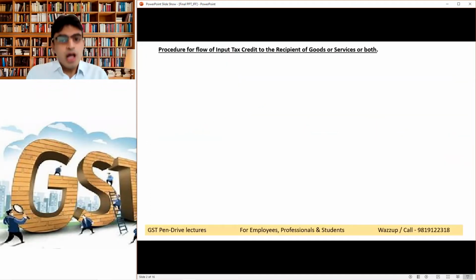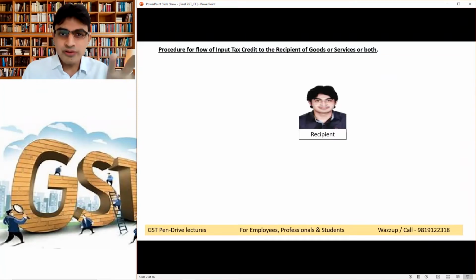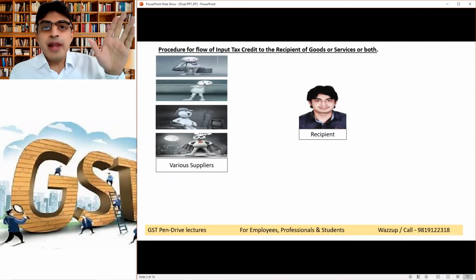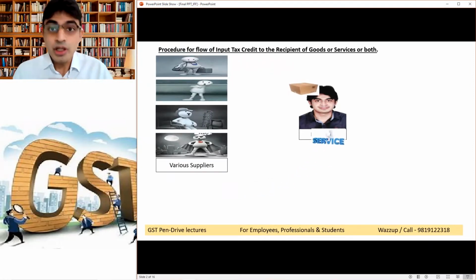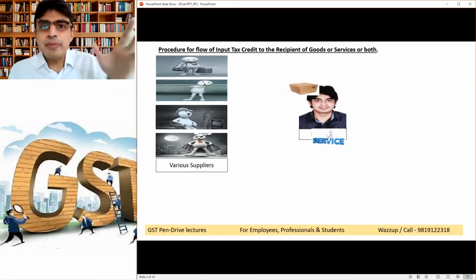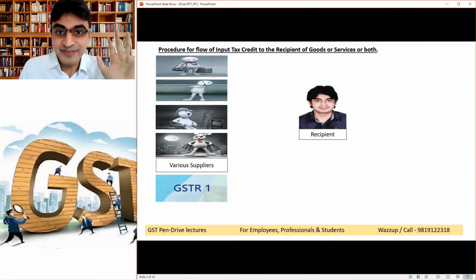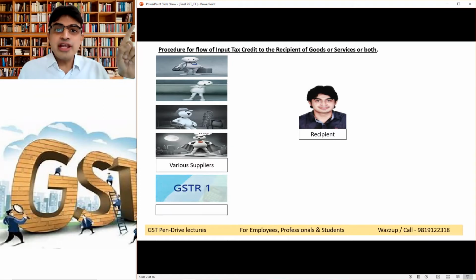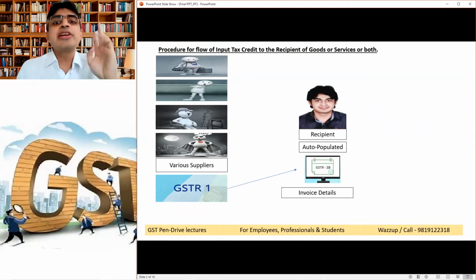Okay, so first, what is the procedure for the flow of ITC? Suppose I am the recipient of goods or services. From various suppliers, I have either purchased goods or availed services. Now, which return is this supplier going to file? They will file GSTR1. Agreed? And from their GSTR1, the entire details shall get auto-populated in the recipient's which statement?